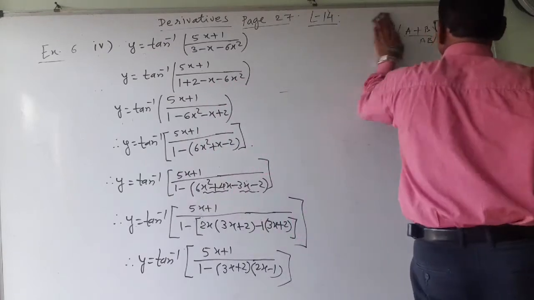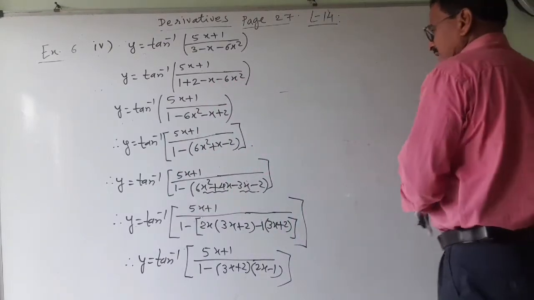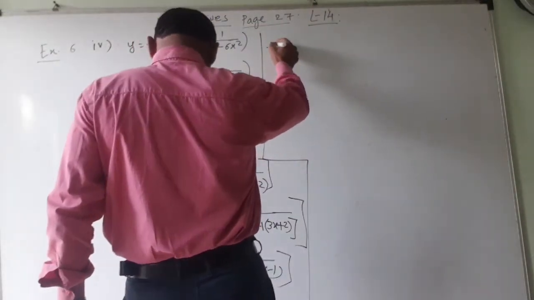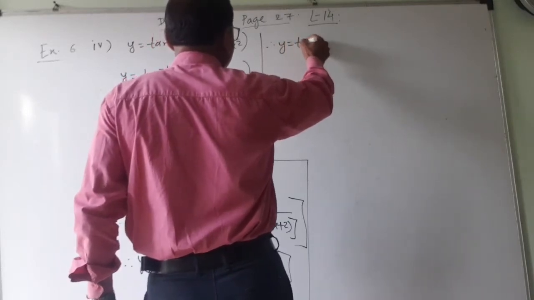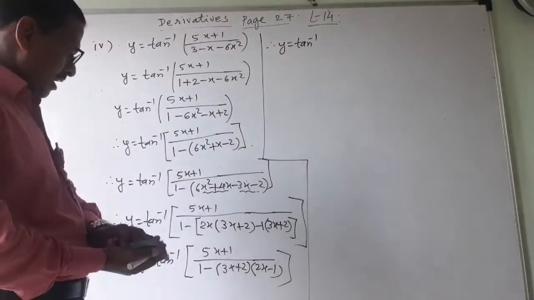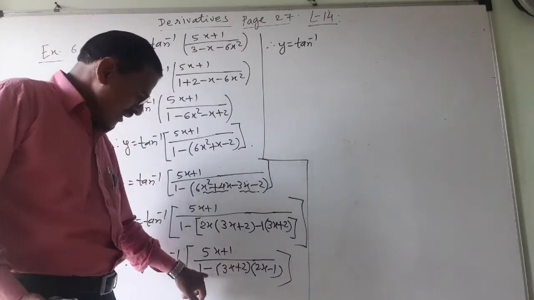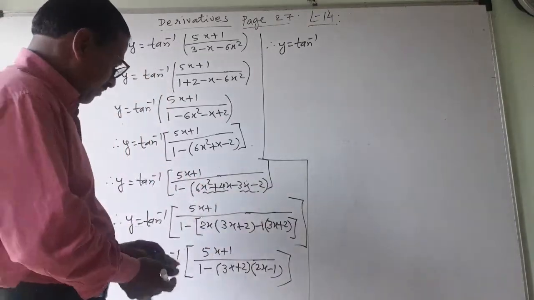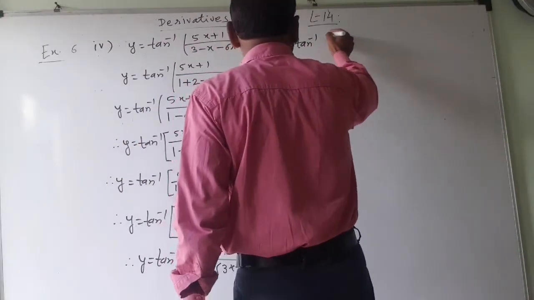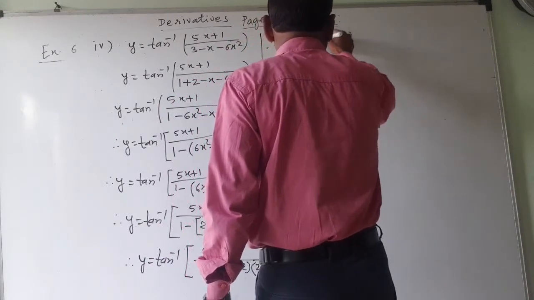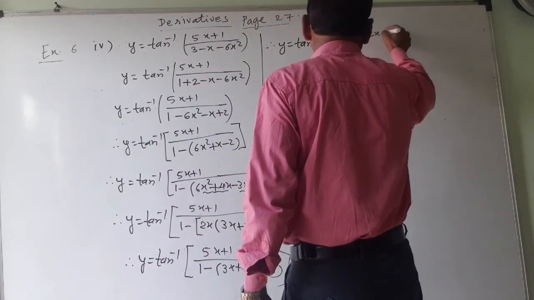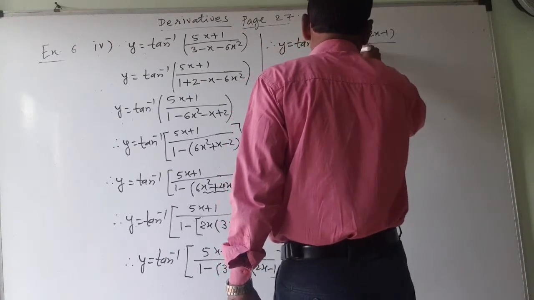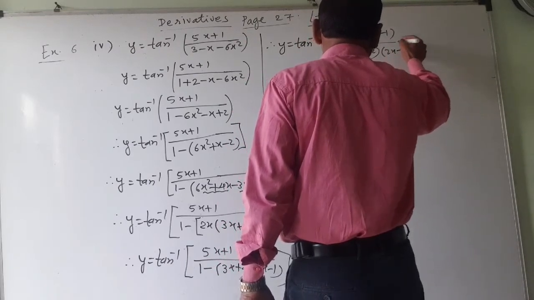I think I will drop this now. We have to make some place for this. Therefore, y is equal to tan inverse of, if I write this, here it is minus, so this is a into b, above it should be the addition. So tan inverse of (3x plus 2 plus 2x minus 1) upon (1 minus (3x plus 2) into (2x minus 1)).